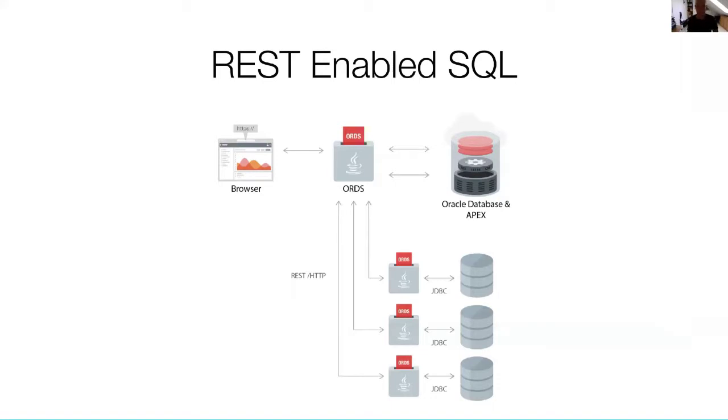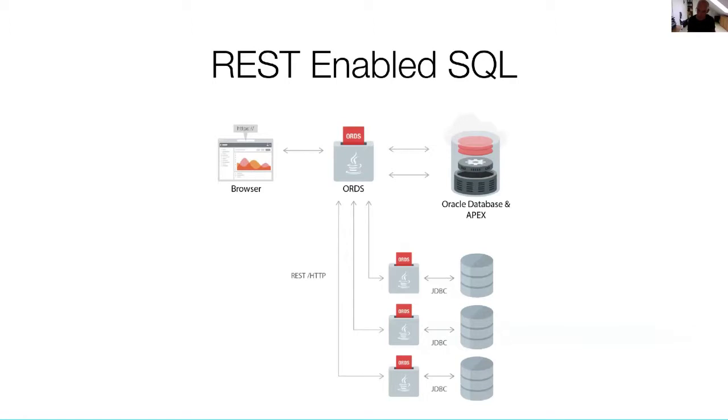Because when REST-enabled SQL is enabled, ORDS provides a very special REST endpoint, and that REST endpoint allows you to execute any SQL query, any pure SQL block. And that's the reason why it has to be enabled beforehand. If you just install ORDS and fire it up, it will be disabled.